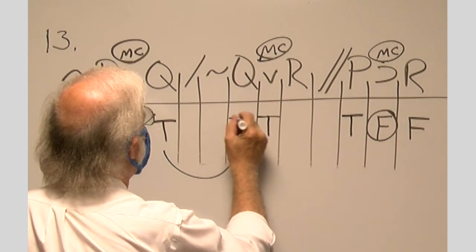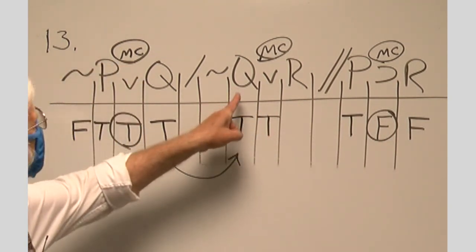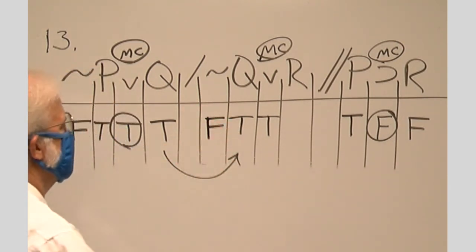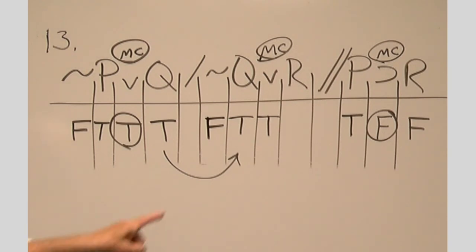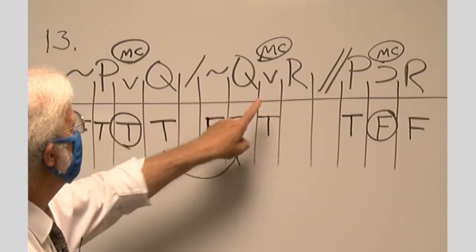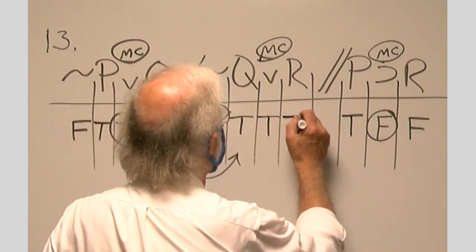So let's stick in T for Q. But wait a minute, if Q is true, not Q must be false, surely. And if the wedge is true, but the left side is false, that means the right side absolutely has got to be true.